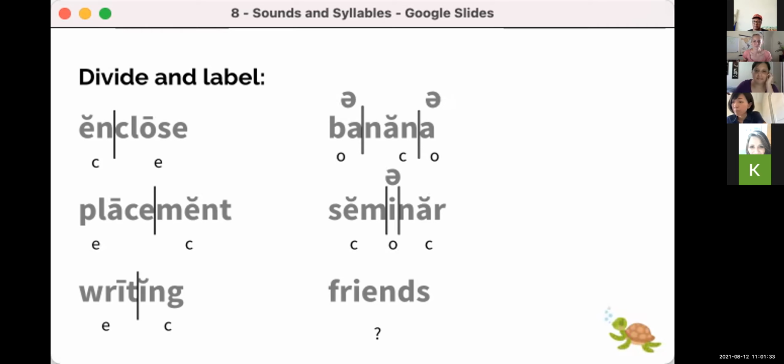Two mistakes: banana and seminar. Seminar. Did you forget the schwa? Banana. Yeah, I know we want to say banana. We still have the schwa at the end, but don't forget it can come at the beginning too.